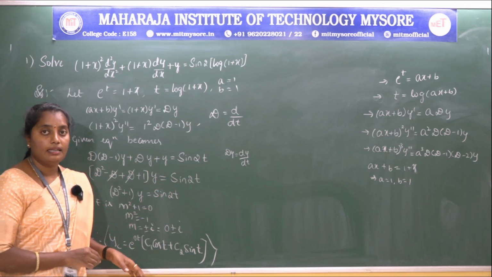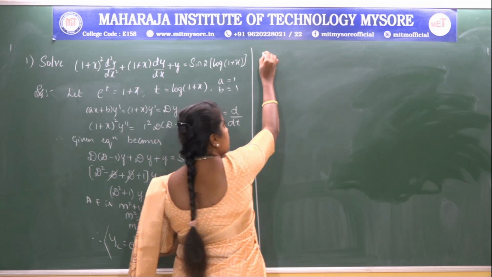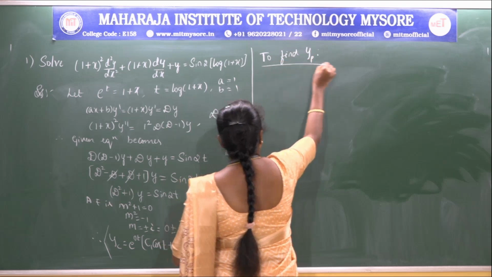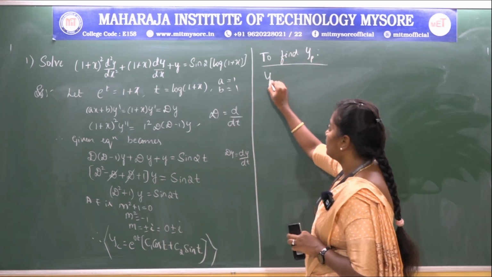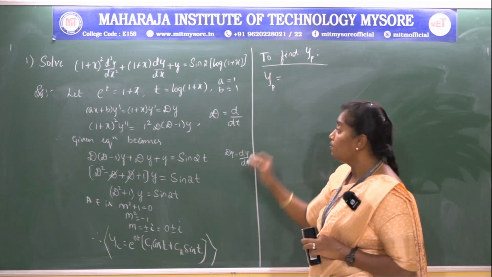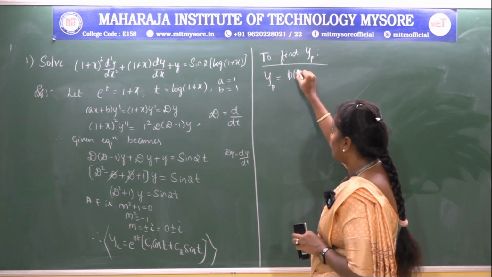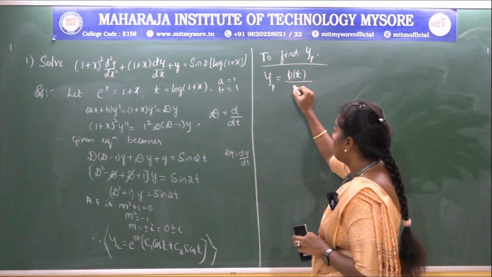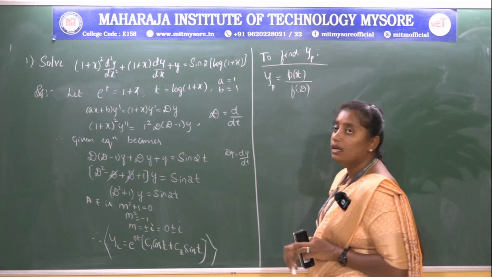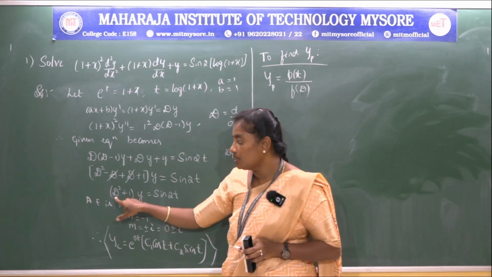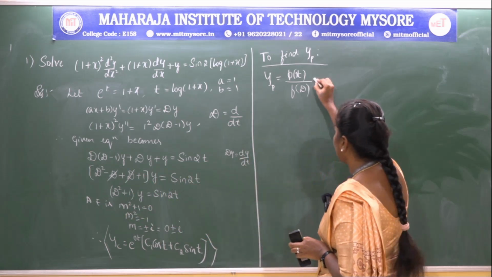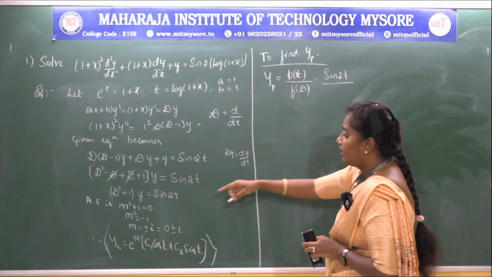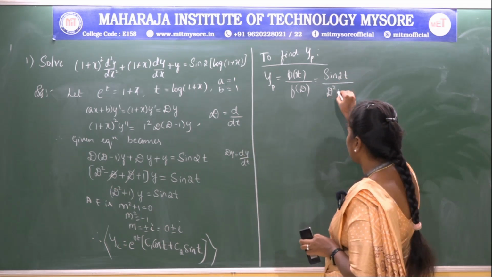Next, to find the particular integral, that is to find yp. The formula to find the particular integral is yp equal to phi of t divided by f of D, we are not writing x here, phi of t because it is a function of t here. f of D is the differential operator, that is D square plus 1. So there we get phi of t value is sin 2t divided by f of D value, D square plus 1.